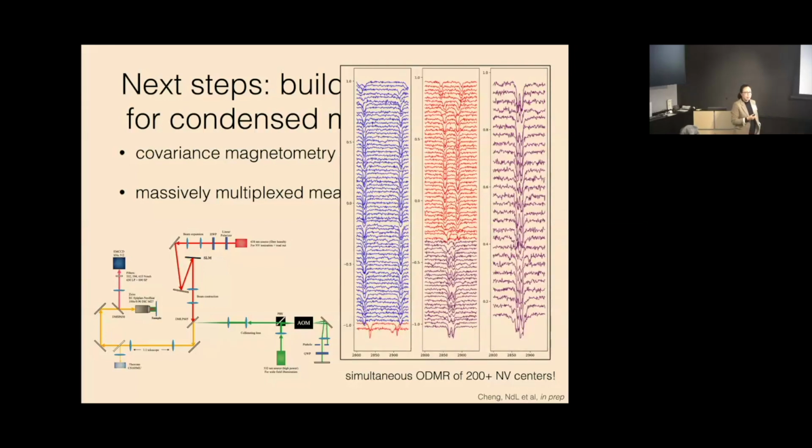I actually only pay a penalty of an overhead of about a factor of 5 or 6 compared to single NV center measurements, because my readout noise is a little bit worse with this camera, but because I can measure 200 simultaneously, this is now a much faster measurement than anything anyone would do with single NV centers.